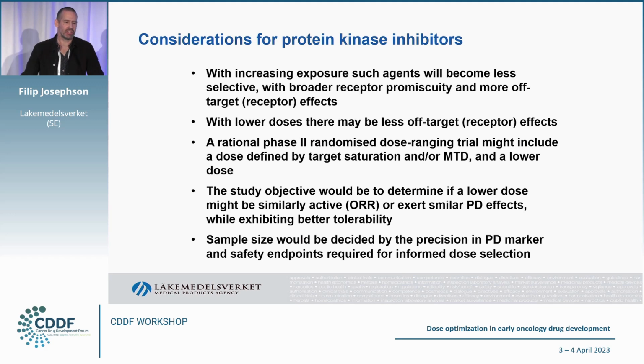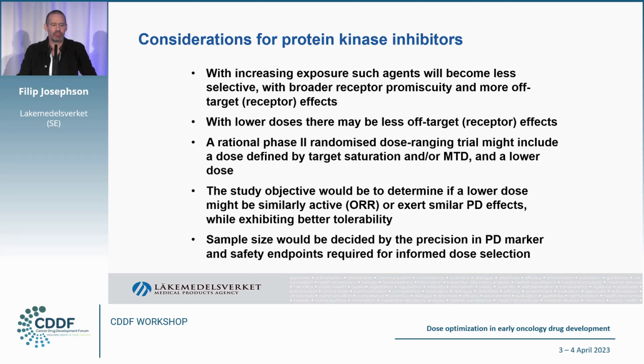So we've already seen a few suggestions on how a rational phase 2 randomized dose-ranging trial might look, and I think what I'm saying here is in the same line as what we've heard previously. This might include a dose defined by target saturation or as the maximally tolerated dose, and compare that with a lower dose by some modicum, whatever would seem reasonable based on initial PK/PD.